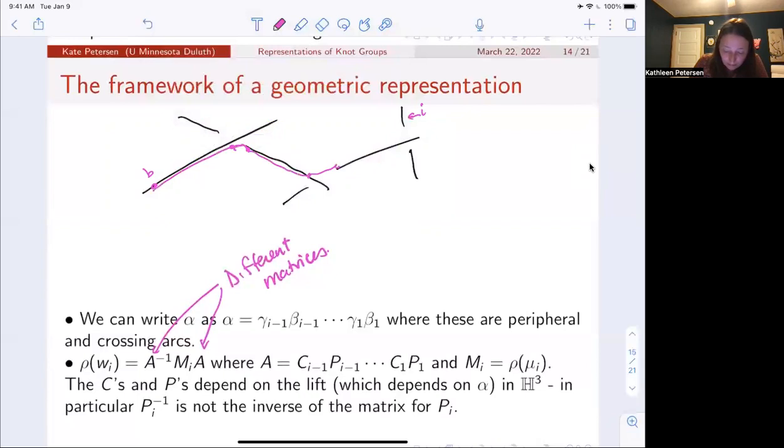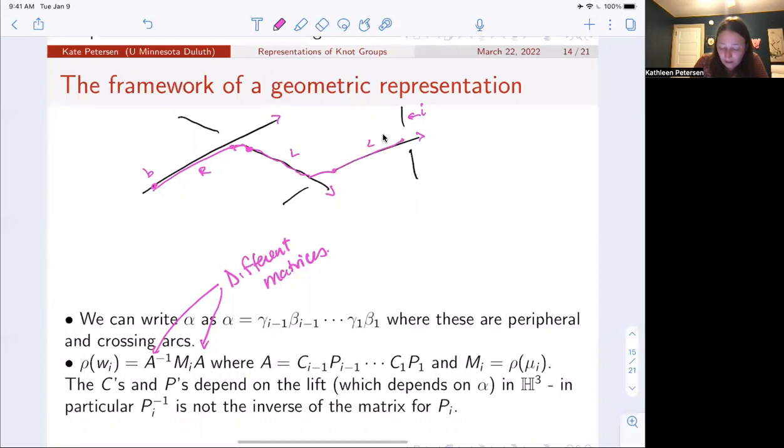Let me retreat. Okay, so here I take the right side if it's that way. I have my preferred base point, which is at the top of this strand. And then since I know I'm going over this way, then if that's the direction, there I'm actually going to take the left side. And again, here I'm going to take this side. So I'm just arbitrarily assigning directions to the knot.